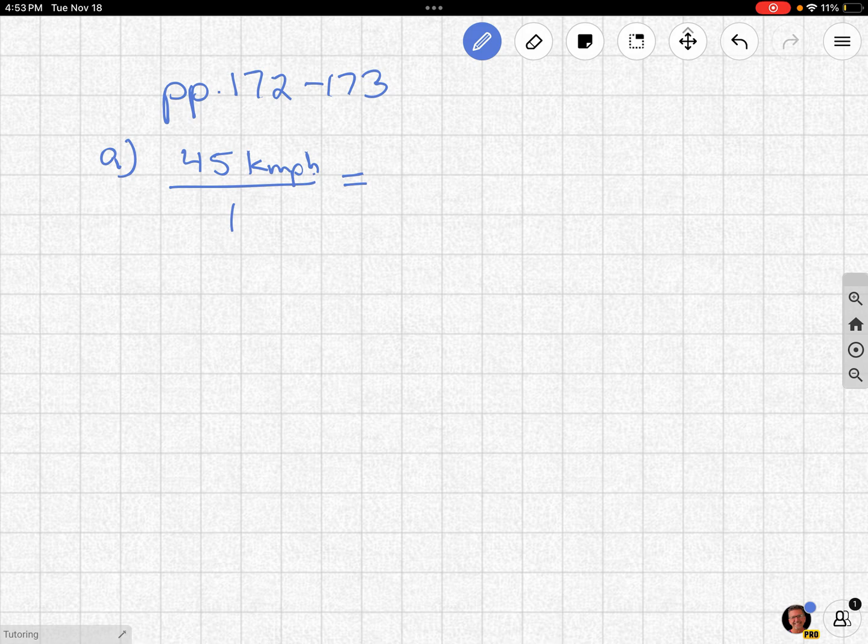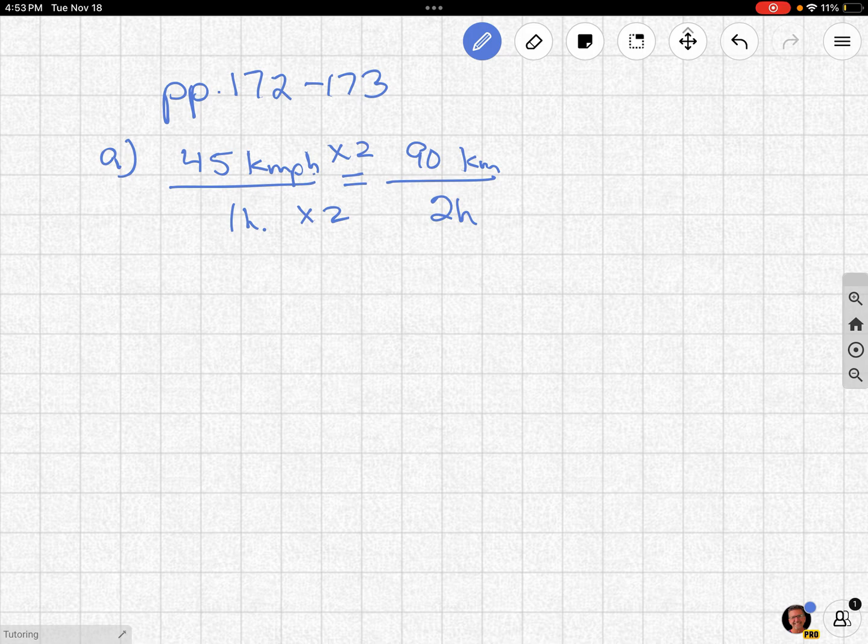And now we want to know how far is he going to go in 2 hours. Well, if I'm doing 2 hours, I'm multiplying the 1 hour times 2. So I'm just multiplying the 45 kilometers times 2 that he would go in 1 hour to get 90 kilometers that he would travel. 45 times 2.